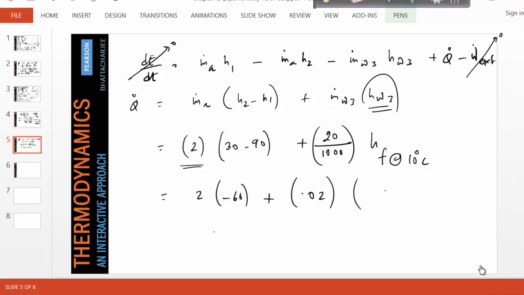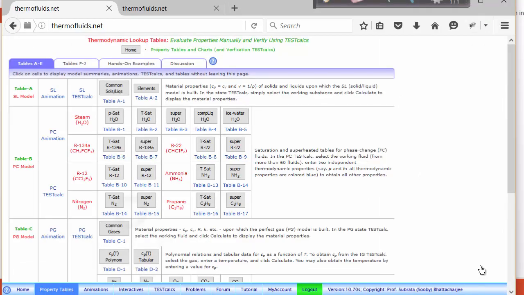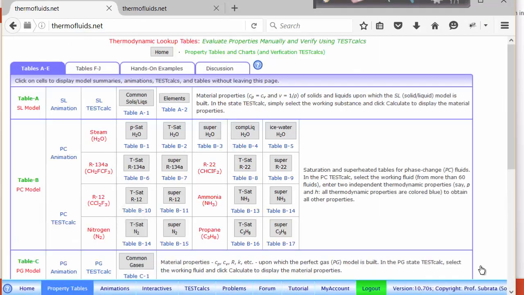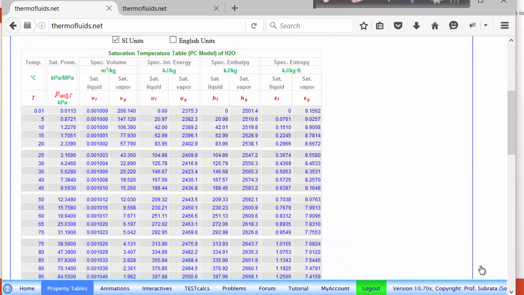Enthalpy at 10 degrees Celsius, if we quickly go find property tables, let's go for the saturation temperature table. In the saturation temperature table, if we look for 10 degrees Celsius, the enthalpy value HF is given as 42. So again, 10 degrees Celsius, enthalpy HF, saturated liquid is 42.